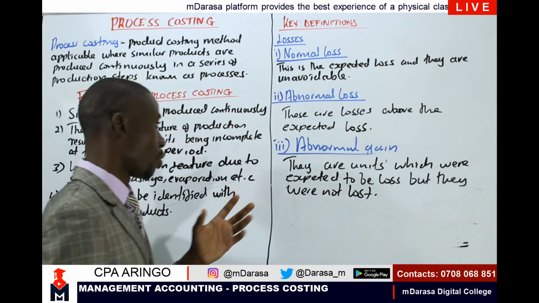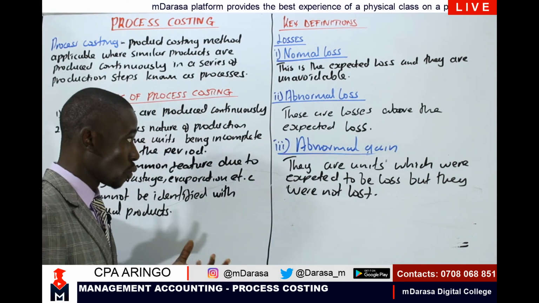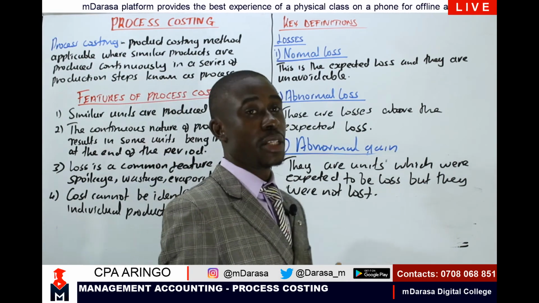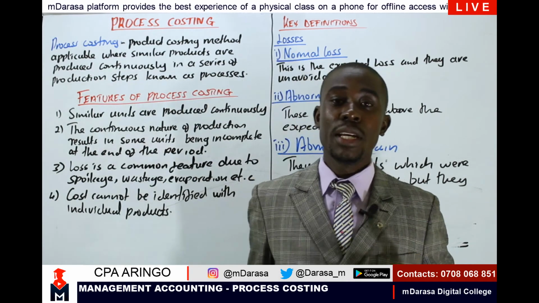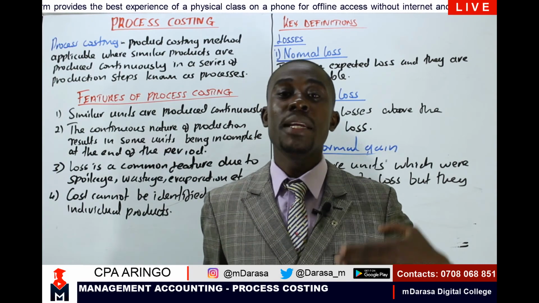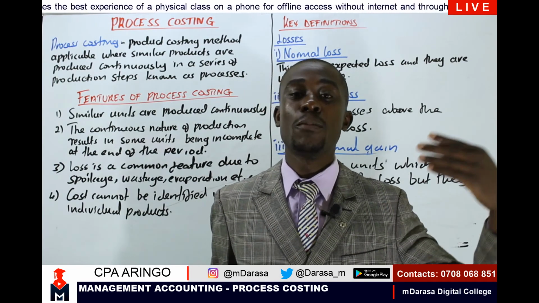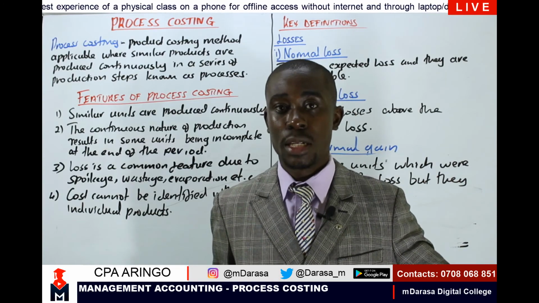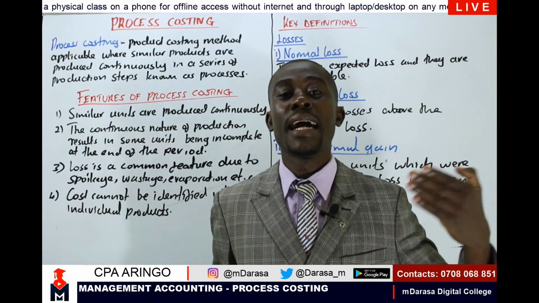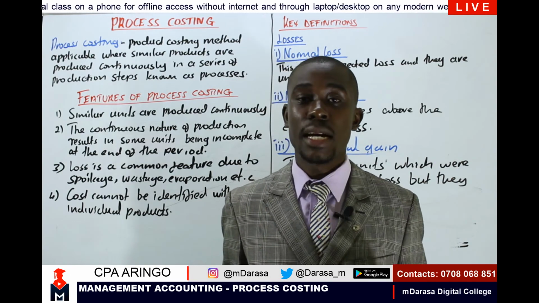That's why we are talking of what? Of abnormal gain. So key difference between abnormal loss and abnormal gain is that abnormal loss will occur whereby I'm incurring more loss than what I'd anticipated. Whereas abnormal gain will occur whereby I'm incurring less loss than what I'd anticipated.